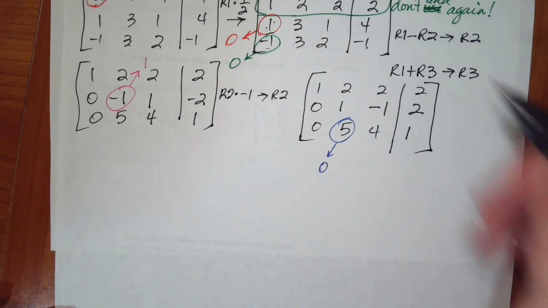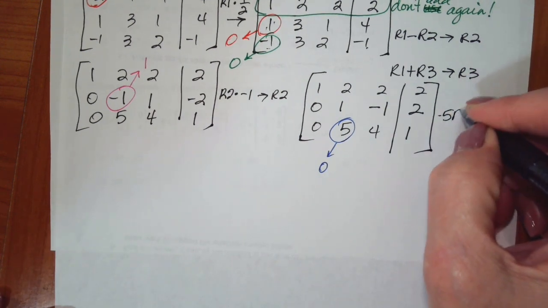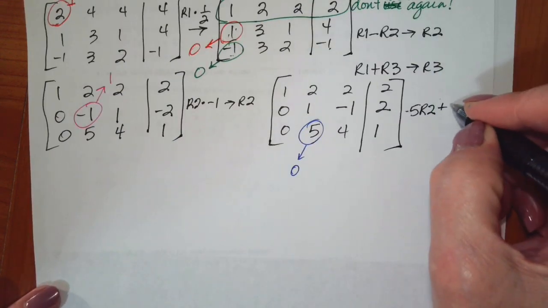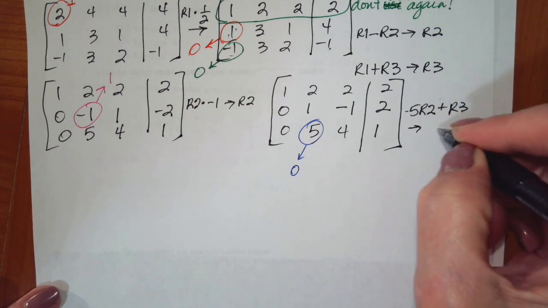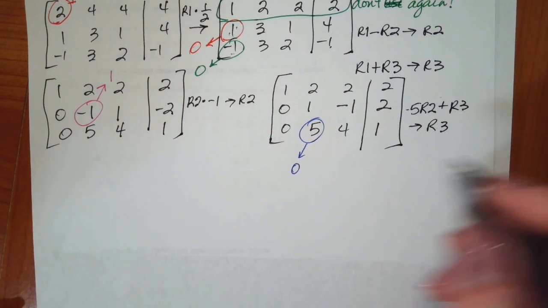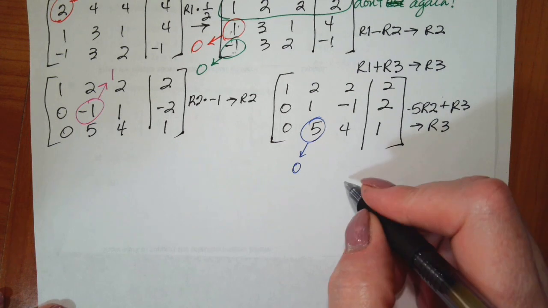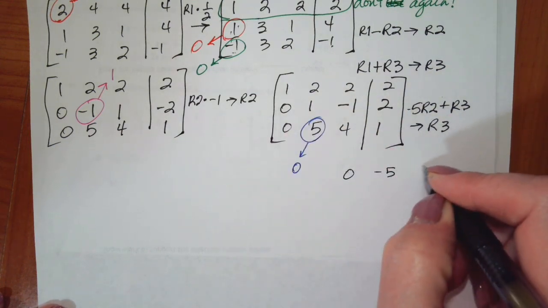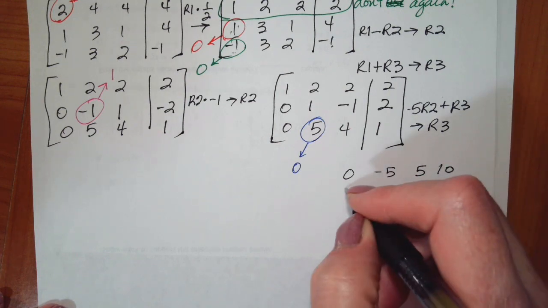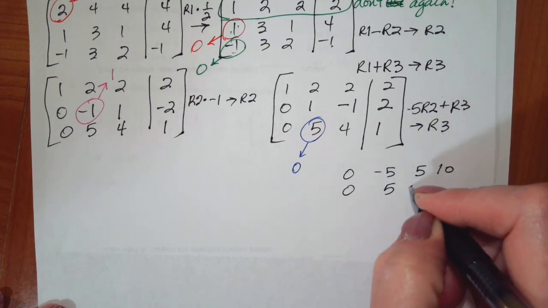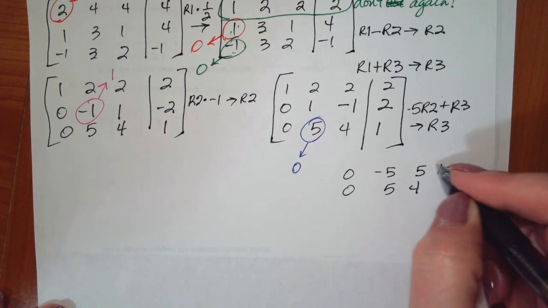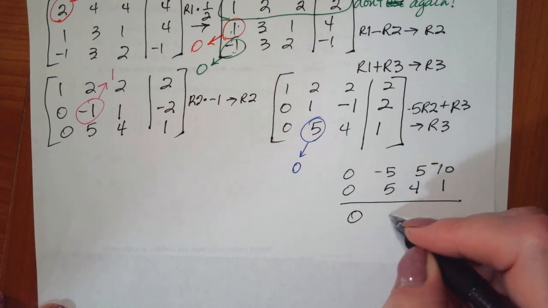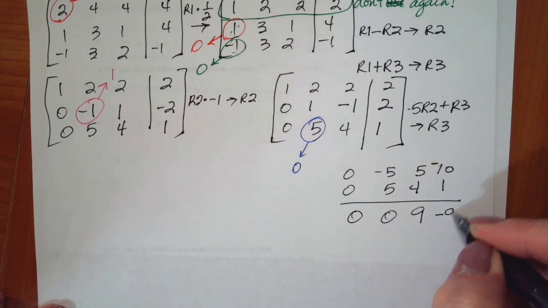So I am going to take negative 5 R2 plus R3 and put that into R3. If I multiply this row by negative 5, that gives me 0, negative 5, 5, negative 10, and adding 0, 5, 4, 1, that gives me 0, 0, 9, negative 9.